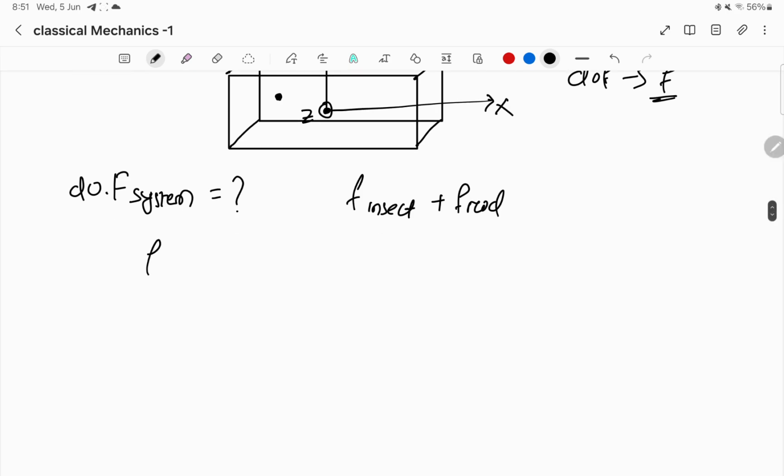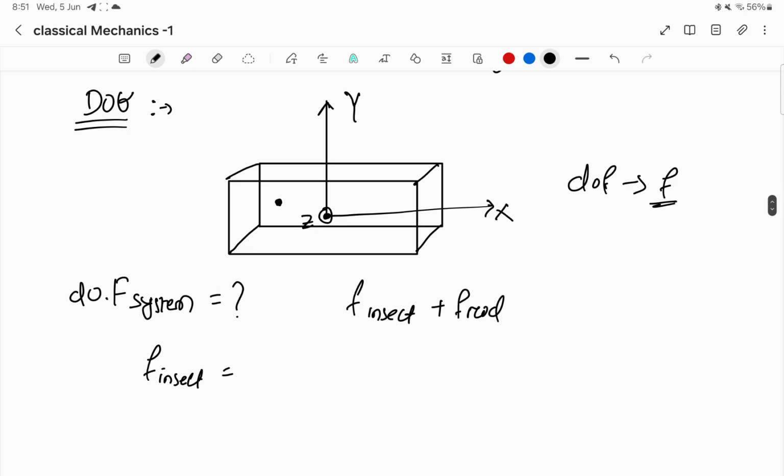The insect on the rod can move on the plane only. It is not going away from the rod, it is just sitting on the rod.